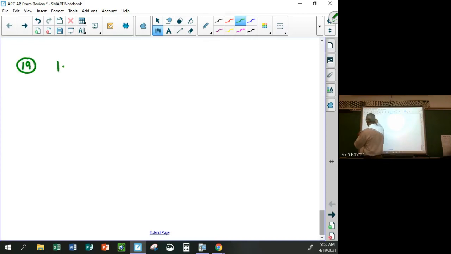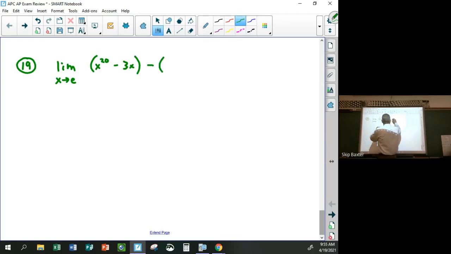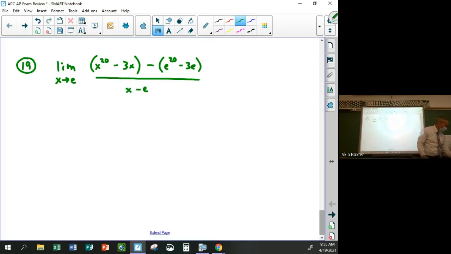This is the limit as x goes to e of x to the 20th minus x cubed, minus 3x, minus e to the 20th minus 3e, over x minus e. What type of problem is this?